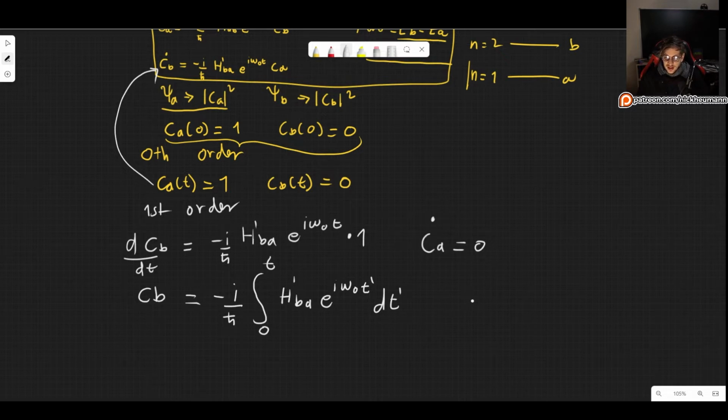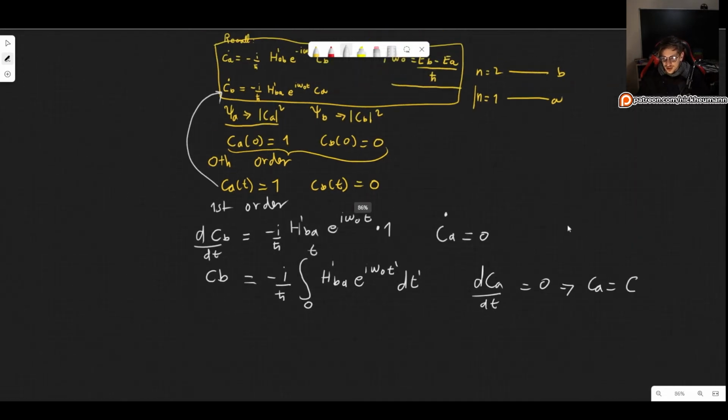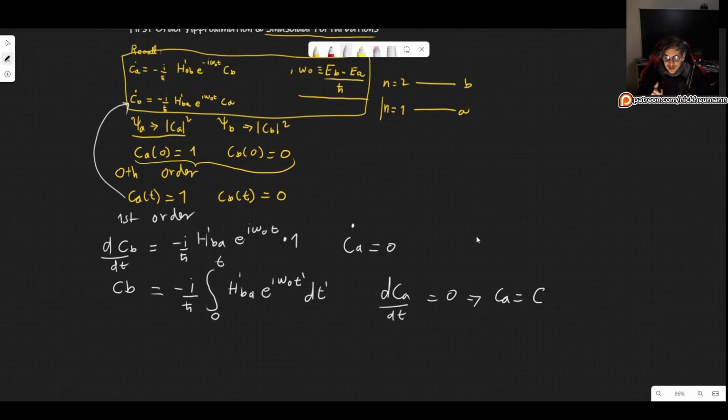What about Ca? Well, in the case for Ca, we have that dCa dt is equal to 0. Thus, if we integrate, we get Ca equal to some constant. Ca as a function of time is just some constant, but what we do have here are these initial conditions. The initial conditions tell us that Ca at 0 has to be 1.